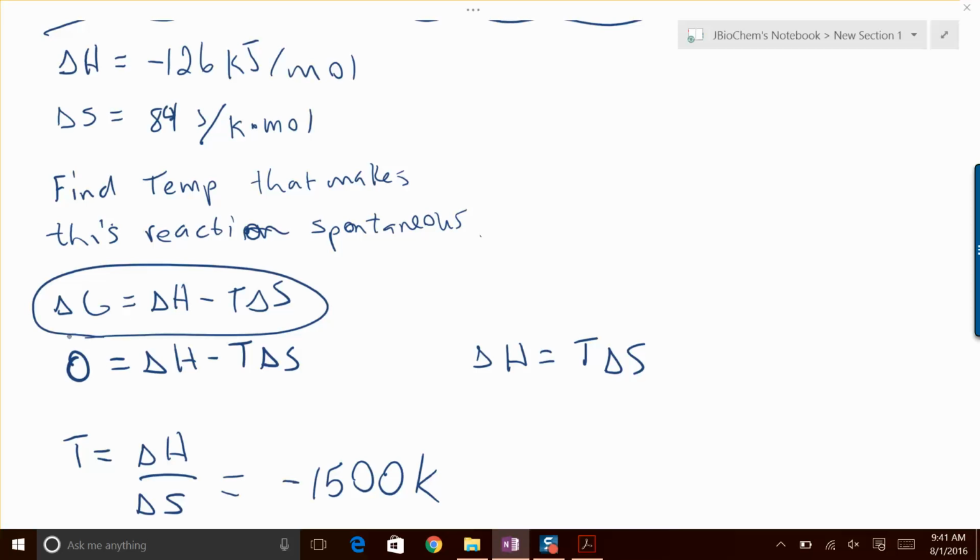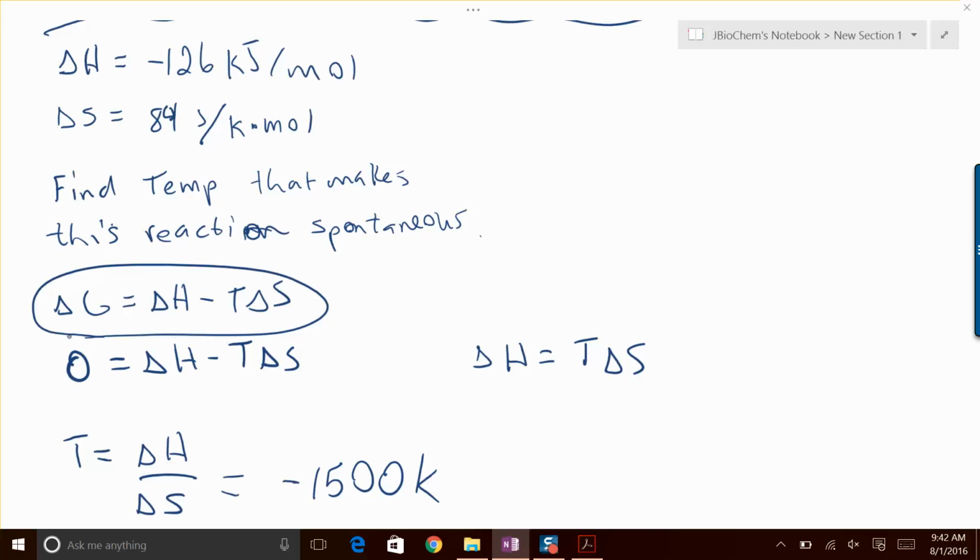You will always have a positive temperature, because a negative temperature is impossible, so that term times delta S will always be multiplied by this negative sign here.